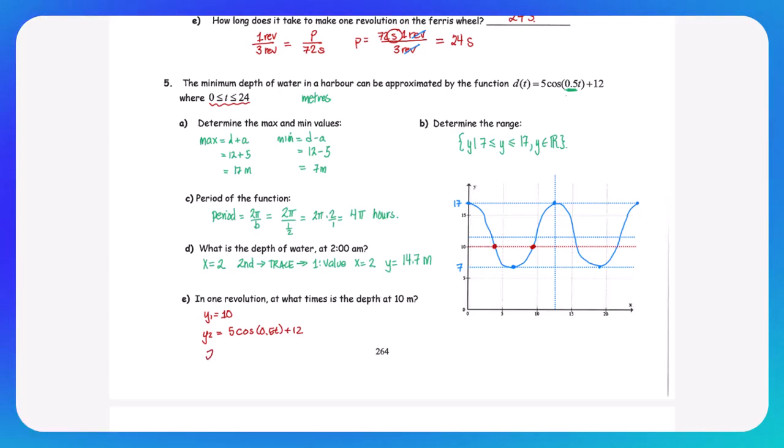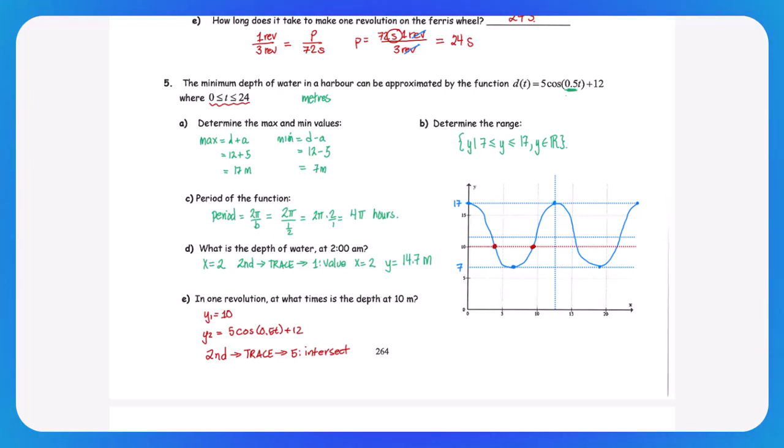Then you're going to tell the person what you did. You're going to tell them that you went second trace and you went 5 for intersection. You're finding the intersect of these 2 graphs. This way, everybody knows that you know what you're doing.